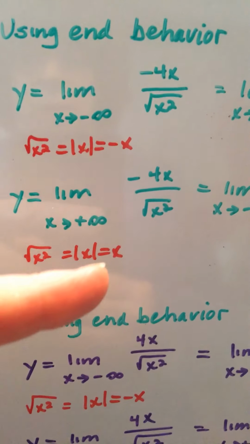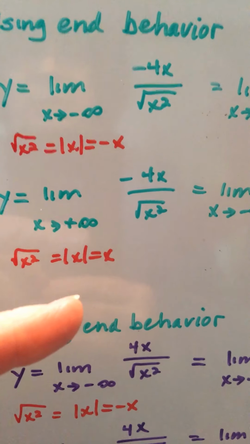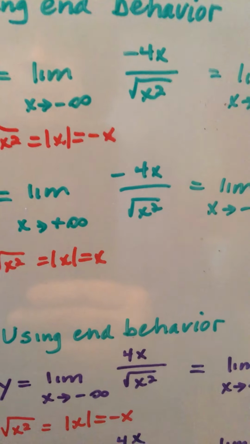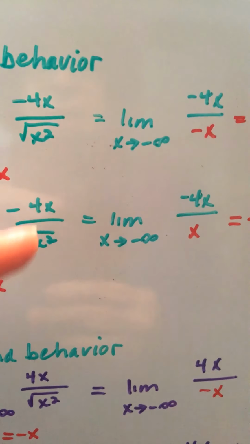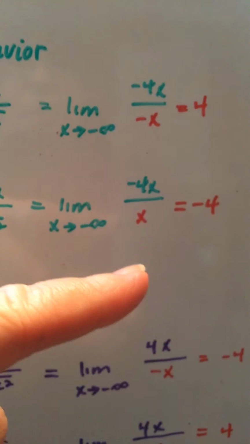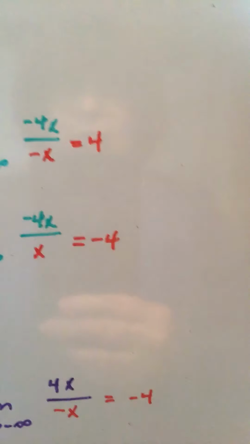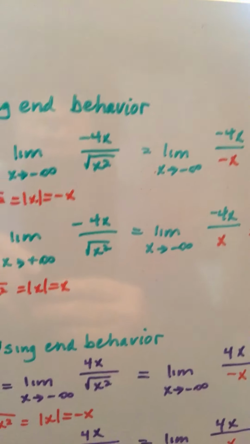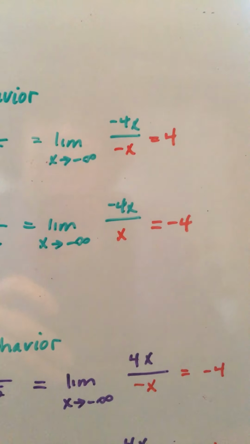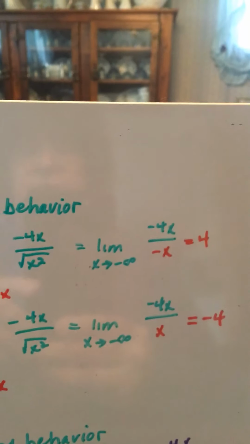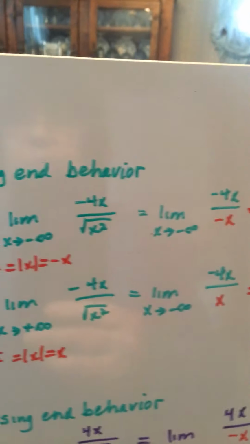Well, the square root of x squared is absolute x, and when it's positive, I simply keep it. And so I end up with -4x over x, so -4. And so when I go to the right, I can't cross the -4. When I go to the left, I cannot cross y equals 4.